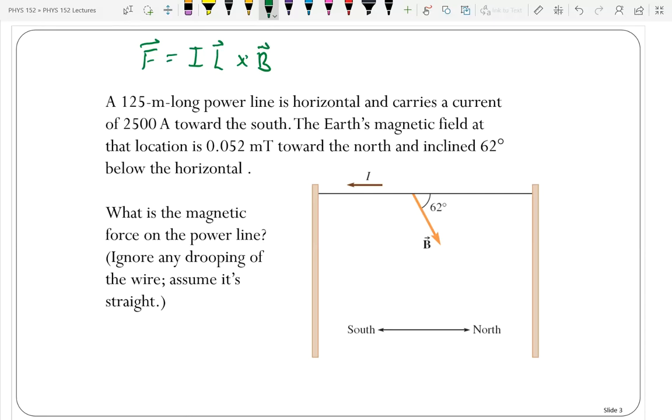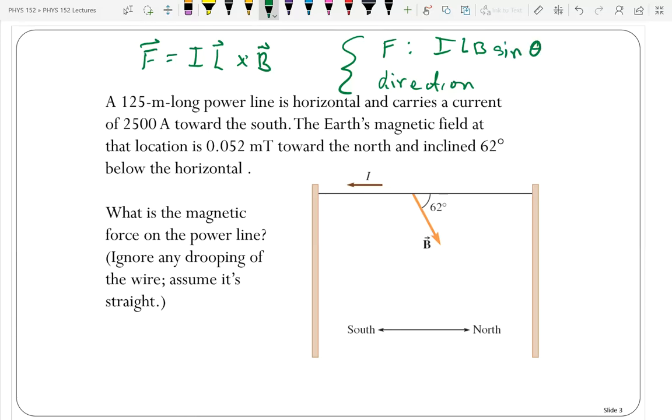I thought I heard something different. Okay, the force is I L cross B. As we saw in the previous slide, we break this into two steps. Number one is what is the magnitude, and number two, what is the direction? Magnitude is I L B sine of the angle between the two.